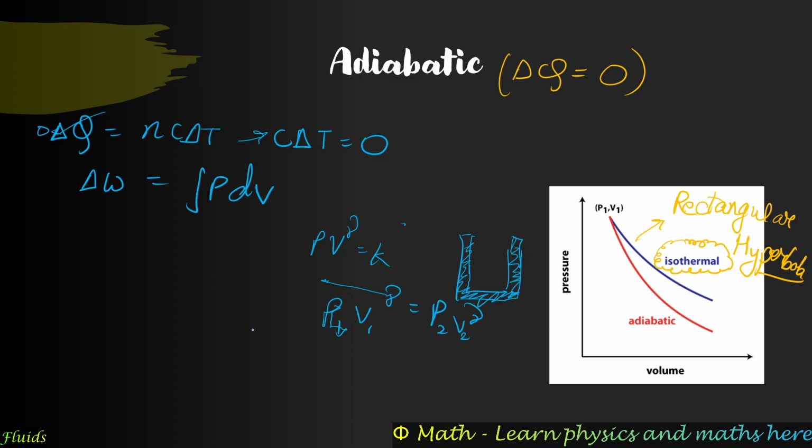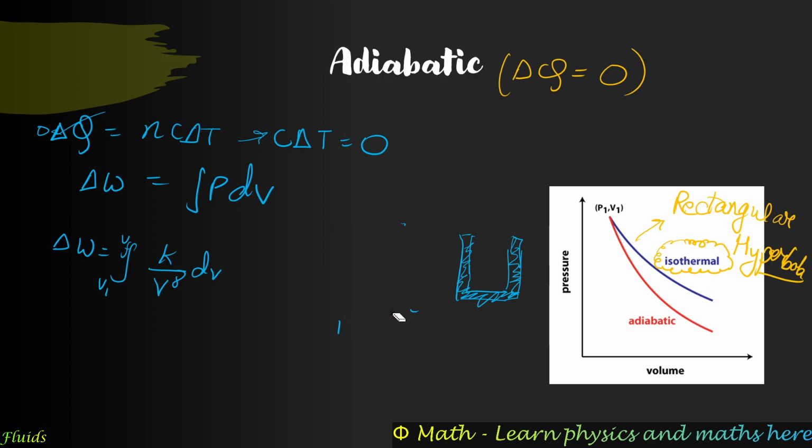From here we can say delta W is equal to the integration from V initial to V final of K over V to the power gamma dV. K is constant, so it will come out of the integration, and we can write it as V to the power minus gamma dV.